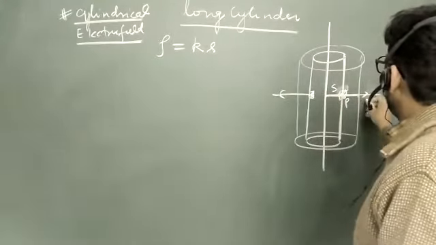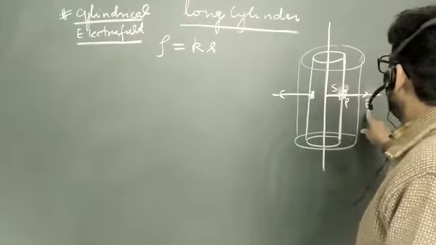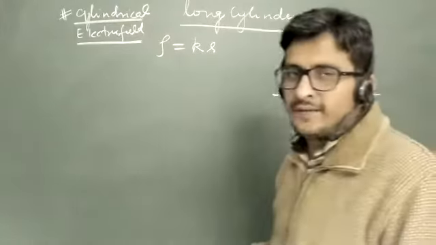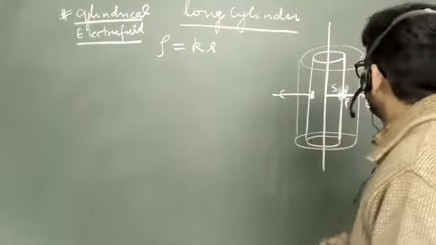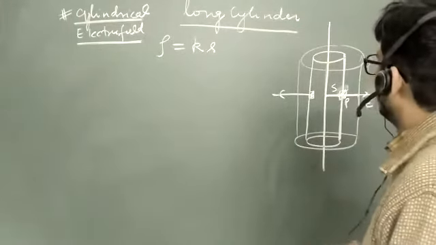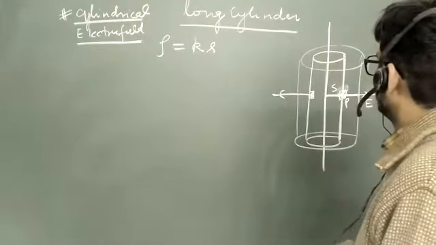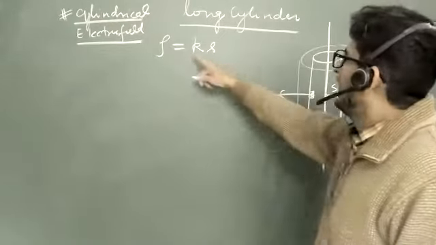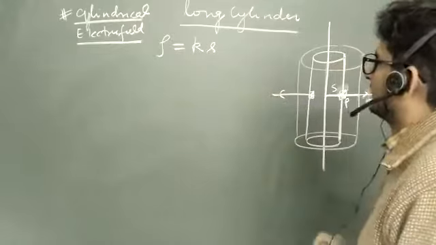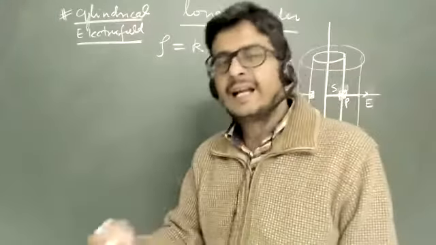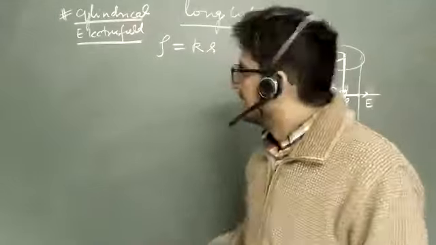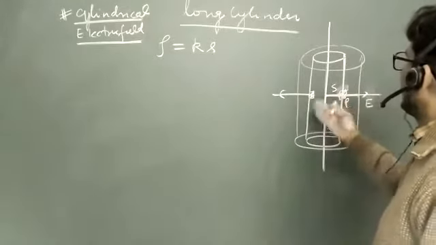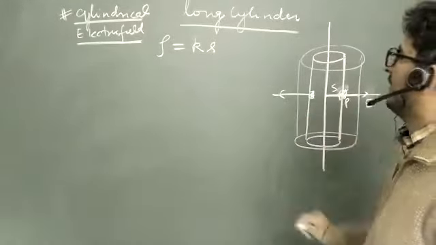If I write the magnitude of electric field E here, what will be the magnitude of electric field here? E, same. How can you say? Because they are at the same distance, and rho is equal to Ks. So we can expect that electric field will be the same, right? That's why we are applying it. Otherwise, not in every question this will work.